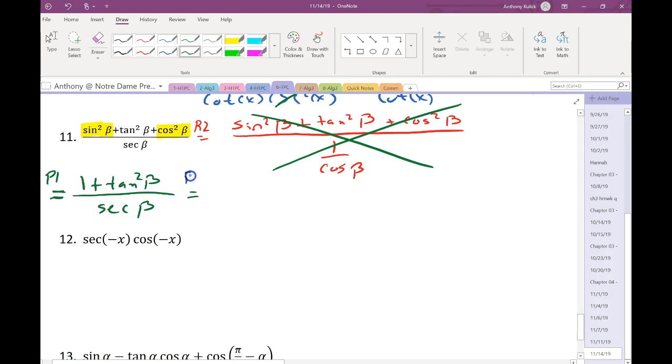Maybe that's the better route, right? Okay, and that's just going to equal secant. Oh, that's your answer. Secant. Where we just reduced.